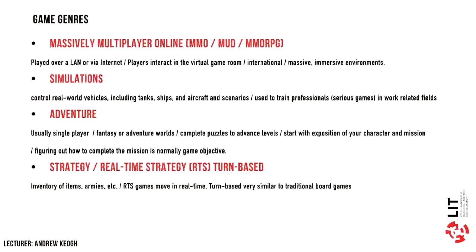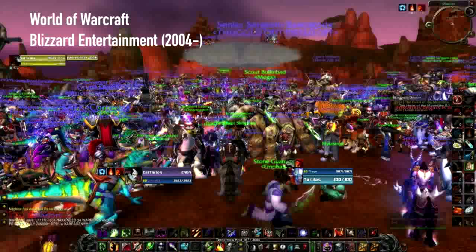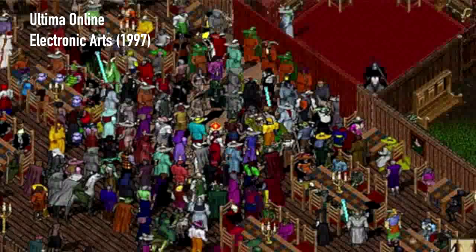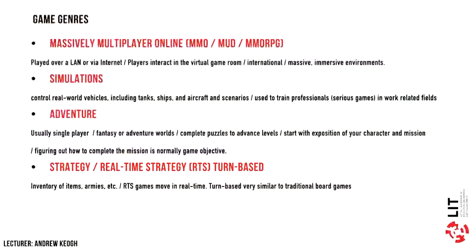Players interact in these environments and they're fully immersive in there. A good few examples of that would be the World of Warcraft series, EverQuest would be an early one, League of Legends would be another big one, and Ultimate Online, to name a few. But indeed, there's any number of them coming along at any one time, because they're massively appealing and growing at an enormous rate.